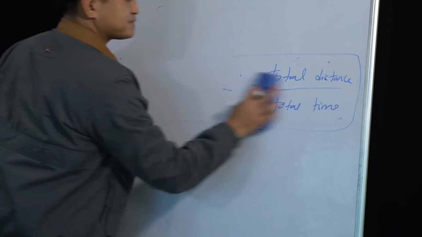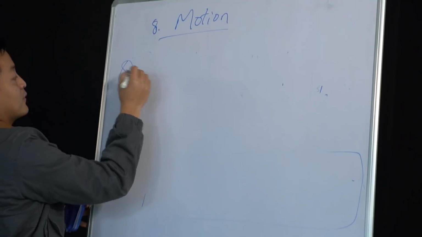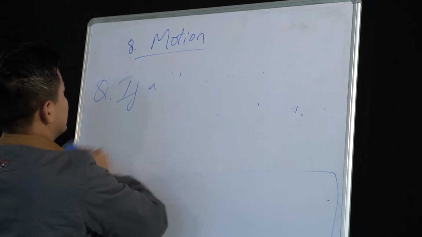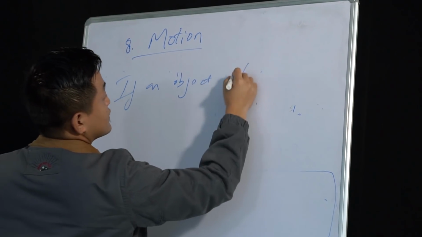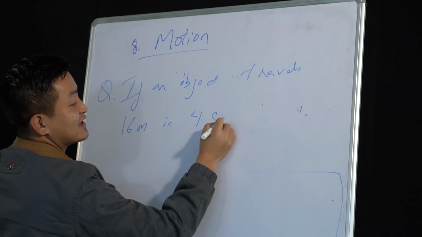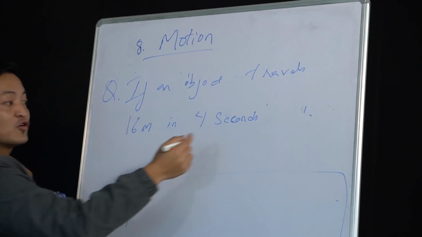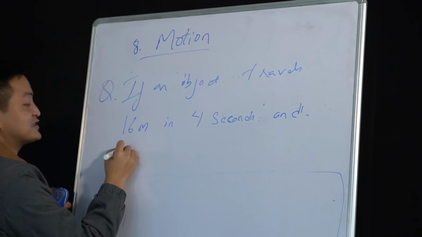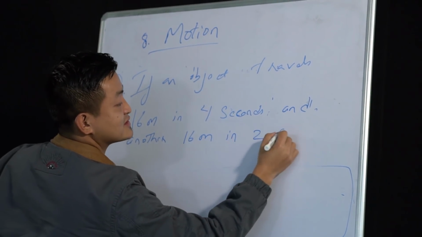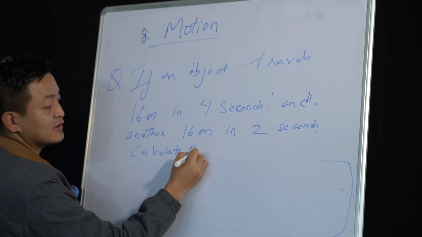I'll write a question here. If an object travels 16 meters in 4 seconds and another 16 meters in 2 seconds, calculate the average speed.